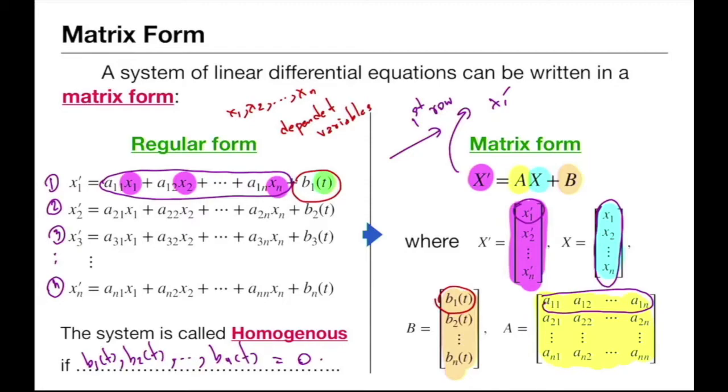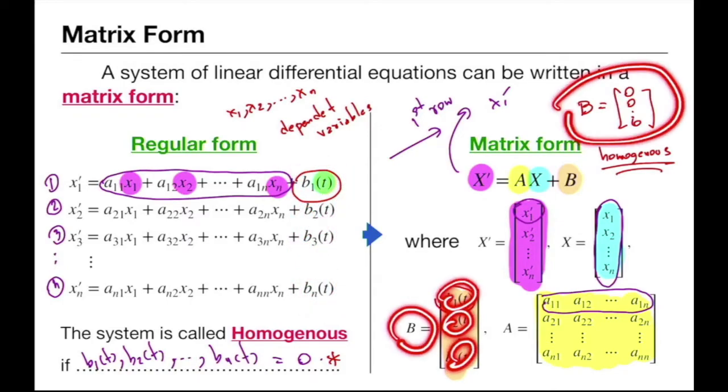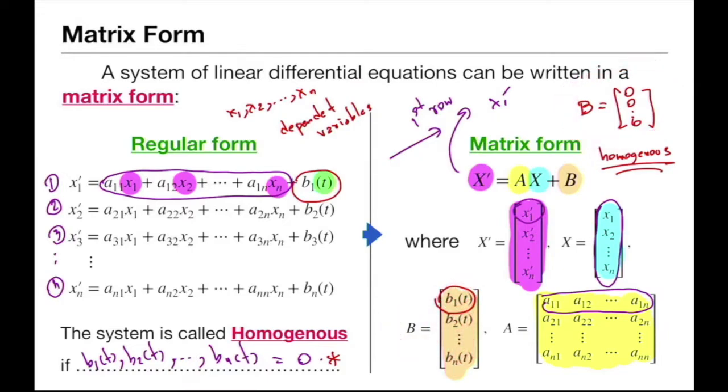And if b here is the 0 vector, we call it homogeneous, which is the same as this. It's homogeneous if all the b's are 0, and if all the b's are 0, the vector b here must be the 0 vector.